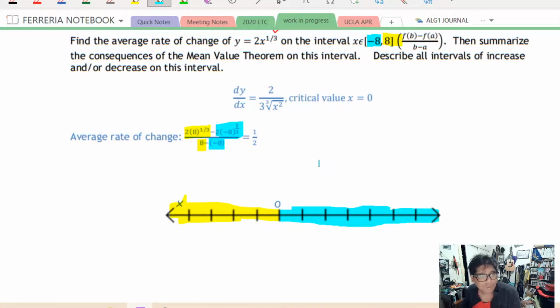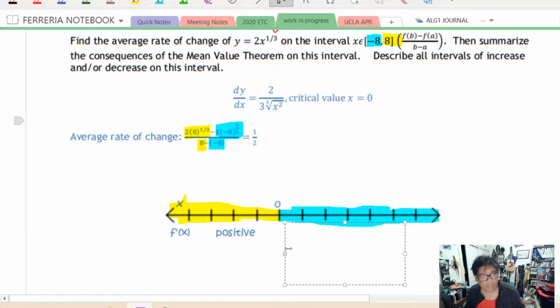Let's evaluate the derivative at negative 1. Negative 1 squared is 1. Cube root of 1 is 1. 3 times 1 is 3. 2 over 3 times 1, that's a positive number. So our derivative is positive from negative infinity to 0.